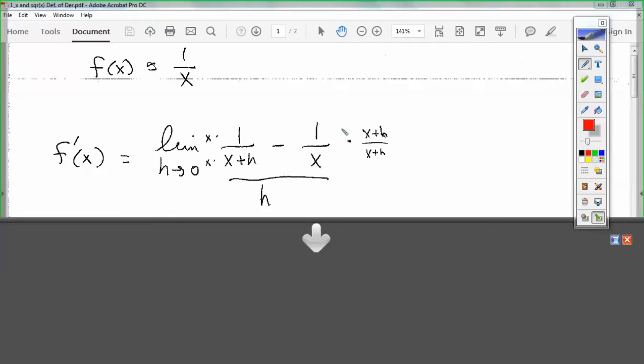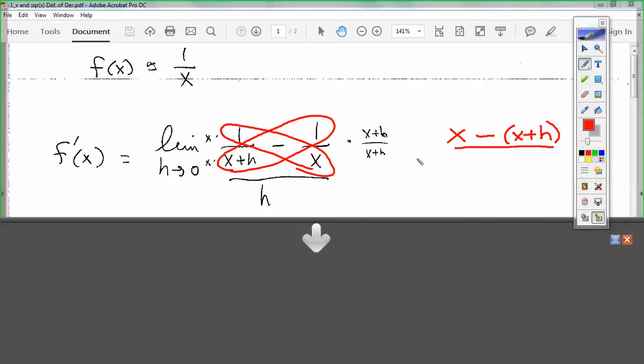Okay, so now I just went with the common denominator method, but the bow tie method said this. So you got x, and then you got minus, and then we're going to bow tie that, x plus h times 1, so that's x plus h, like so, and then that's all over what? That's all over the bottom multiplied together, x and x plus h, okay?